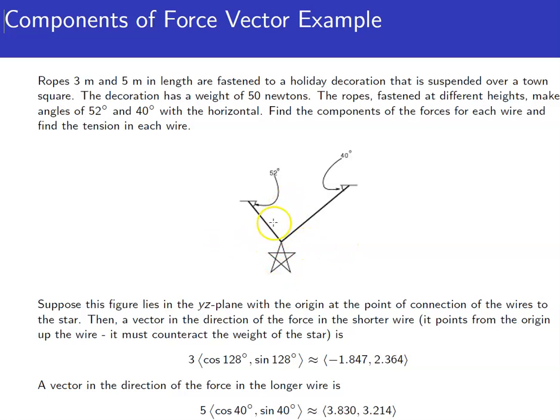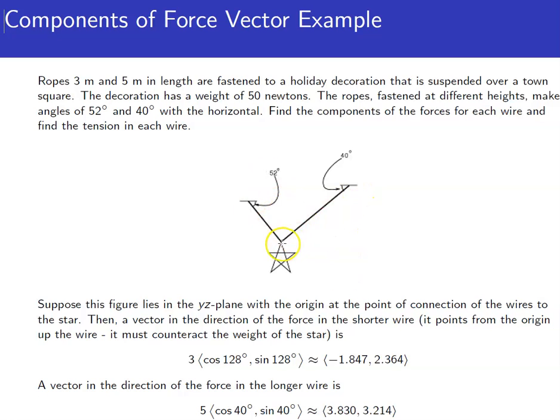This is the y-axis, this will be the z-axis. Going this way would be 128 degrees, because we know that this angle would be 52. So it would be 3 times the cosine of 128, and then 3 times the sine of 128 for the second coordinate. Mainly, this looks like polar coordinates, right? So we would have approximately negative 1.847 and 2.364 for those components.